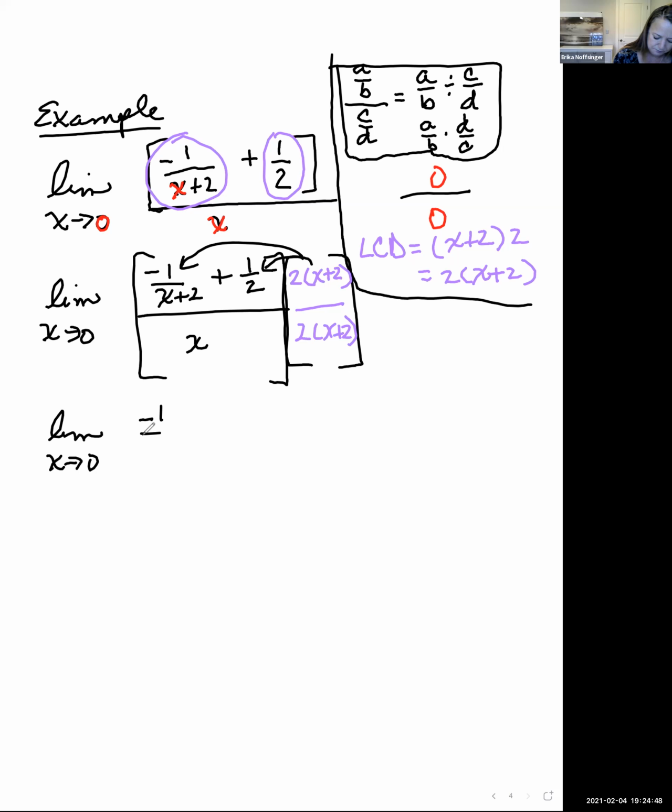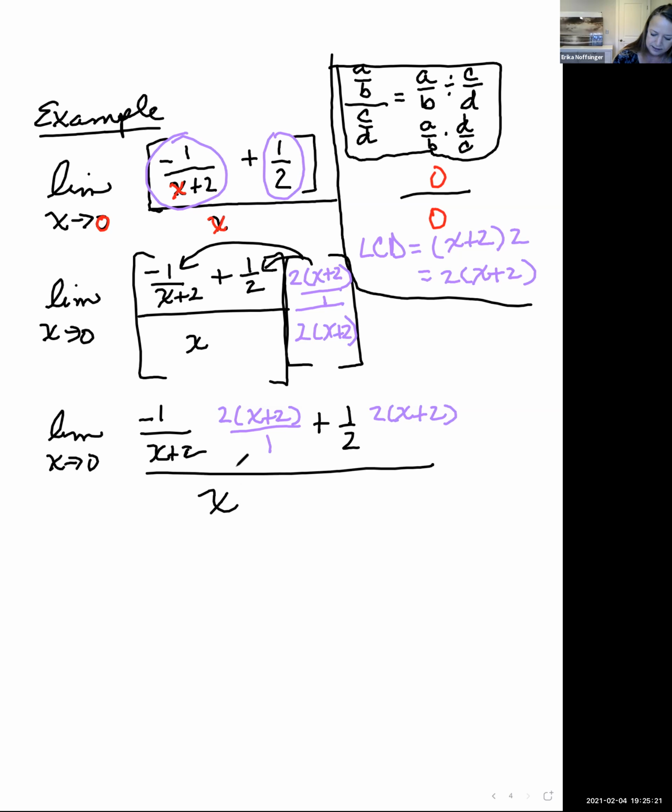Maybe I'll write it this time, but I normally wouldn't write this step out. So let me just distribute that. If it helps you to look at it with a 1 under it, then do that. And then plus, we have this 1/2 times this 2 times x plus 2. And in the denominator, we have that x times the 2 times x plus 2. Notice our fractions cancel.